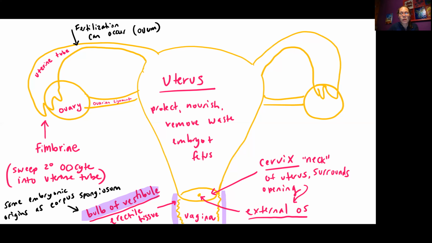Now, that's the singular version, because you would have these folds of tissue on the left and right sides, so labia minora and labia majora would be the plural form, which you might be more familiar with.